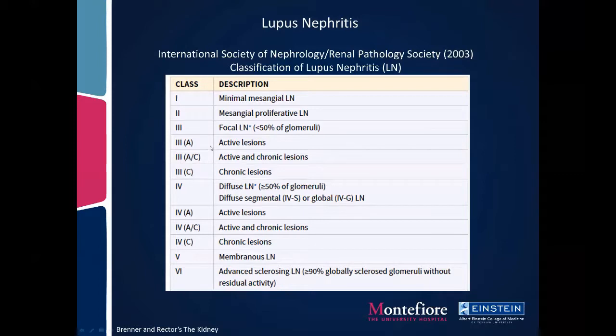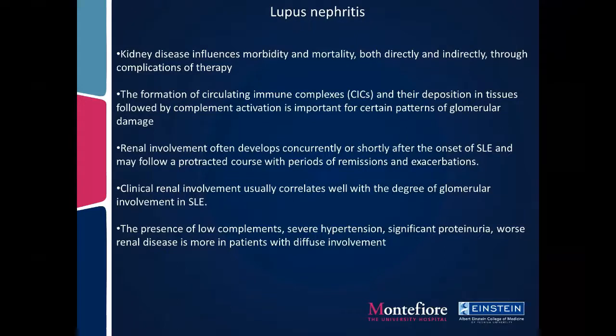The ones more associated with severe glomerular inflammation are class 3 and class 4, whereas class 5 is associated more with a nephrotic syndrome-like picture, and class 6 is the one where you have more severe sclerosis and damage to the glomeruli already. So that is the classification of lupus nephritis based on what you see on biopsy.